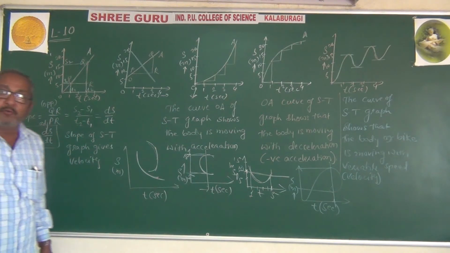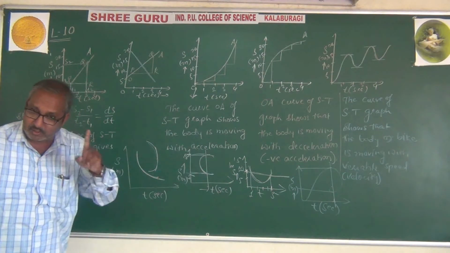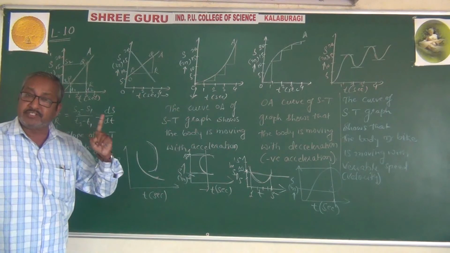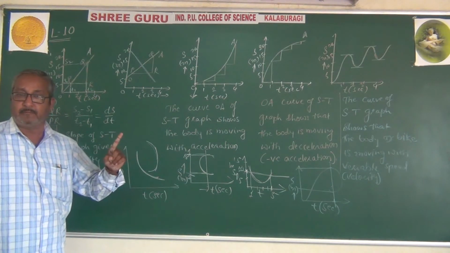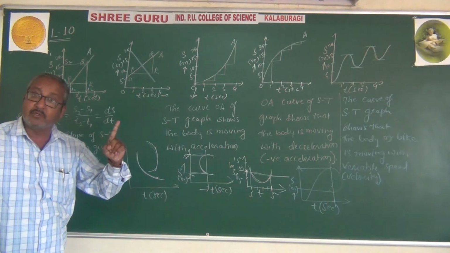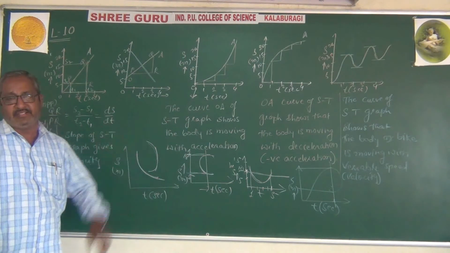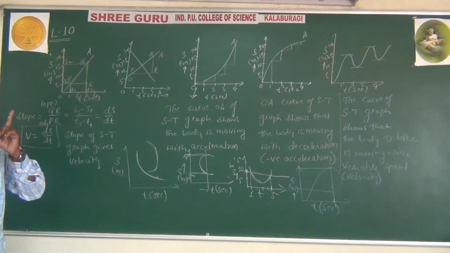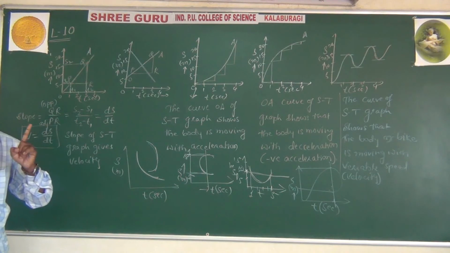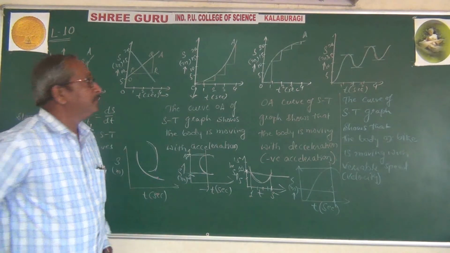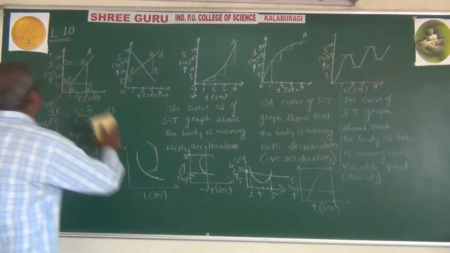The slope of the position time graph gives the velocity. Whereas the slope of the velocity time graph gives the acceleration. So hence the position time graph slope gives velocity, and the velocity time graph slope gives the acceleration. Is it right? Then one more graph will be there.